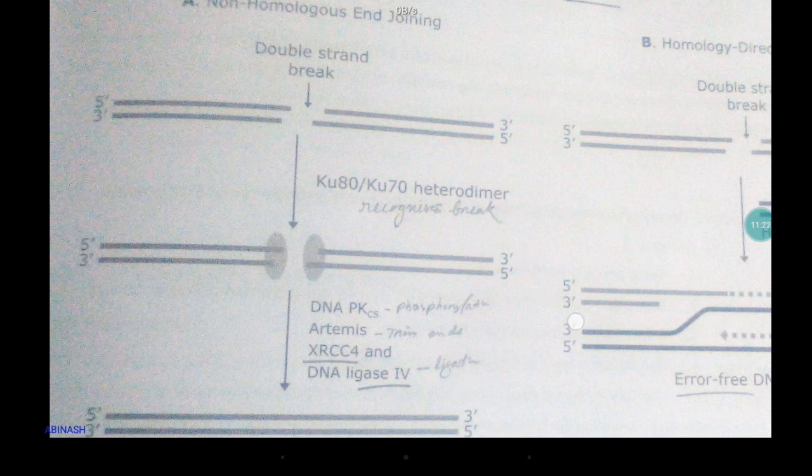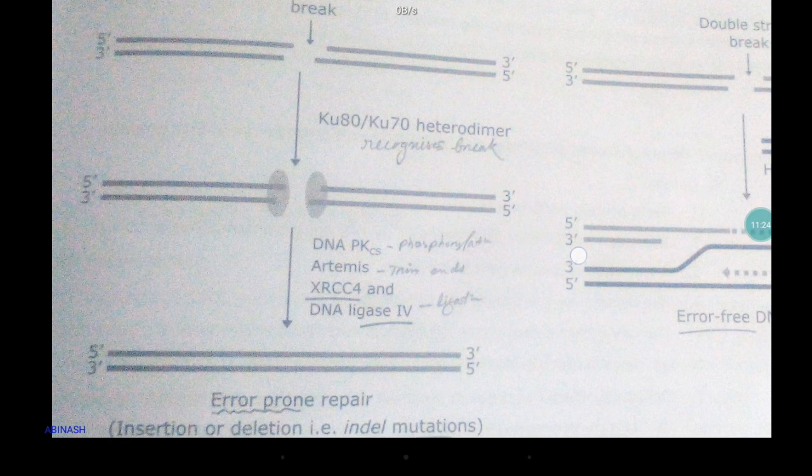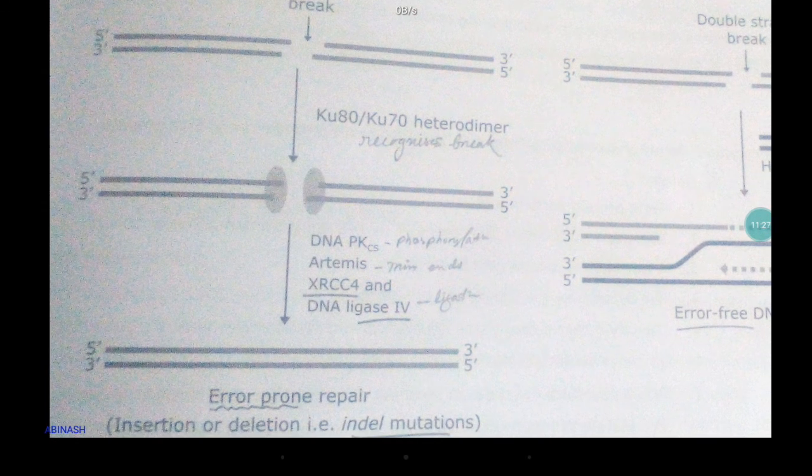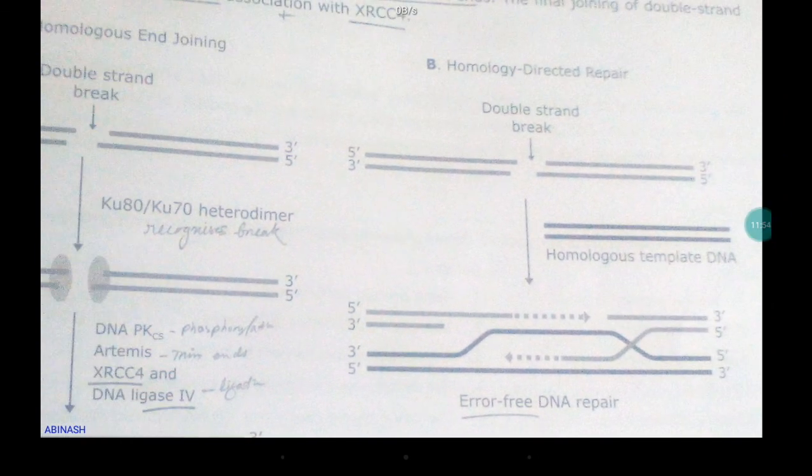This is then phosphorylated by the enzyme DNA-dependent protein kinase catalytic subunit, DNA-PKcs, and both ends then need to be trimmed by the protein Artemis. Artemis trims both strands, and then they are ligated by DNA ligase IV with associated XRCC4.